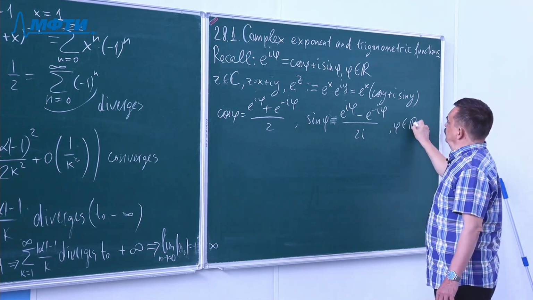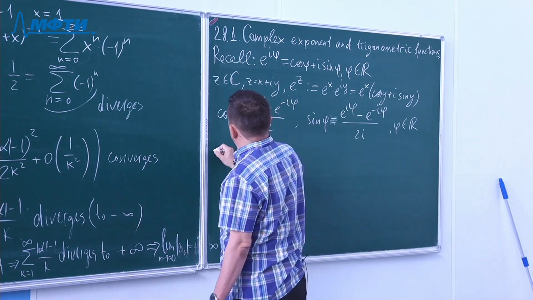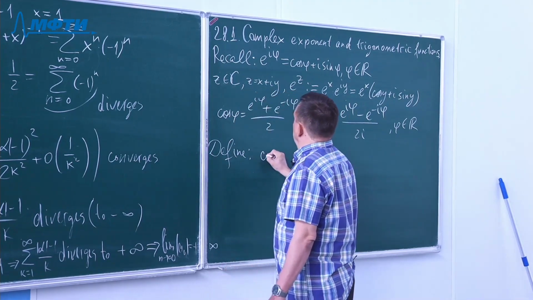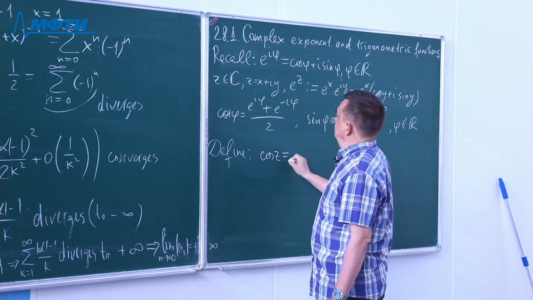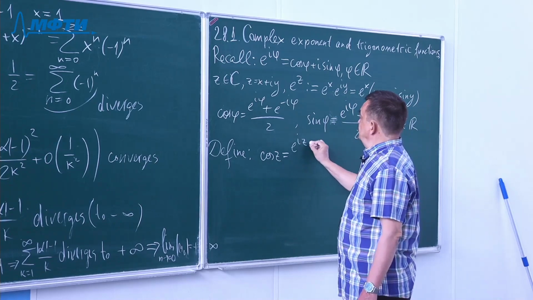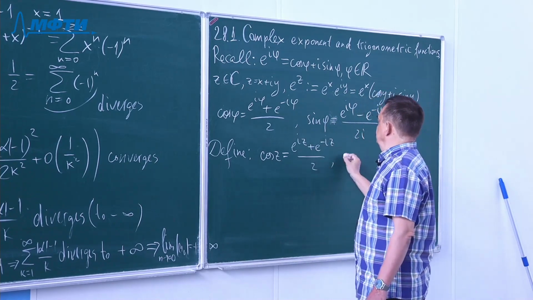Right? Then we can define cosine z equals e to the power iz plus e to the power minus iz over 2.